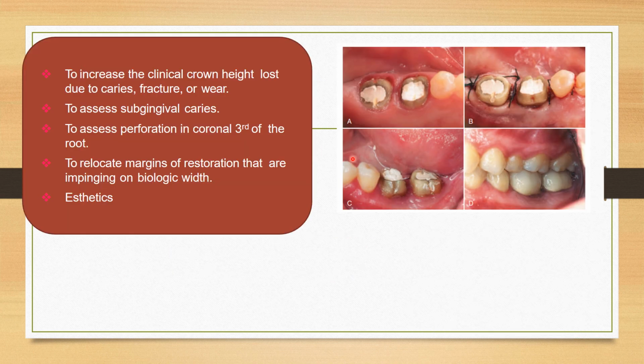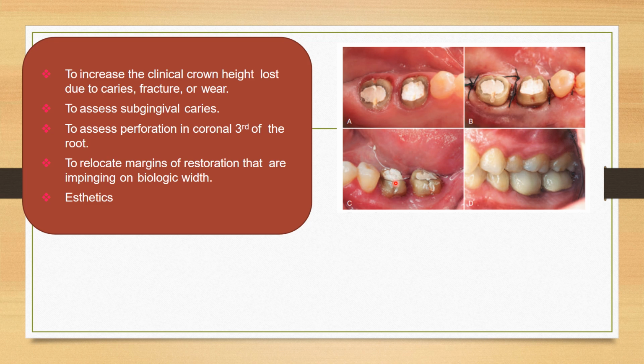So the main objective behind it is to increase the clinical crown height lost due to caries, fracture or wear. You can see that in this case there is inadequate tooth structure available for the crown placement. So we have to go for an apically displaced flap. We will be removing 1 mm of tissue, and also contouring the bone, and exposing it.